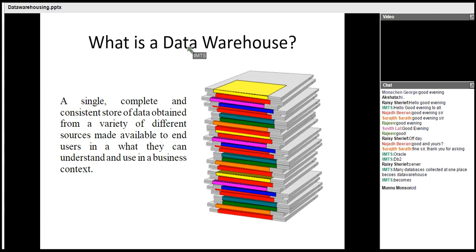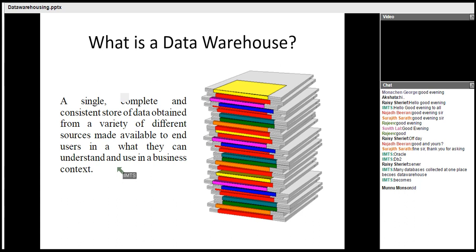Now from here comes the concept of data warehouse. A single, complete and consistent store of data obtained from a variety of different sources, made available to end users in a way they can understand and use in a business context.